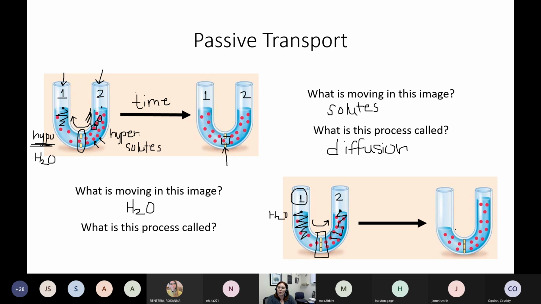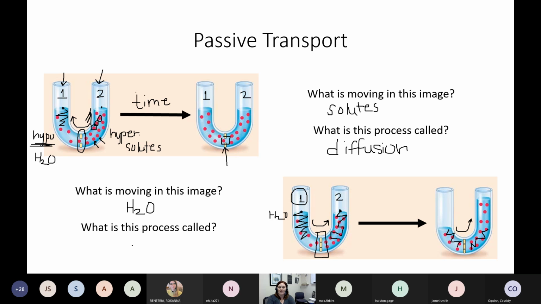Over time, my water molecules will keep going and going into this solution until when they bounce around in here, they hit things just as often as when they bounce around in here. When we get to the point where my solutes, my dissolved things, are as spread out on both sides as possible, now we've reached an isotonic solution. Now things are the same.